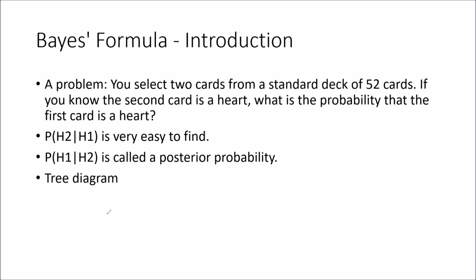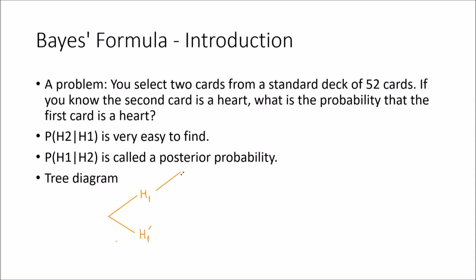You have the first card being a heart or a non-heart, so we put two branches there. Okay, the first card is a heart, let's put H1, just to show that the first card is a heart. And the complement, the first card is a non-heart. And then you have a second card.